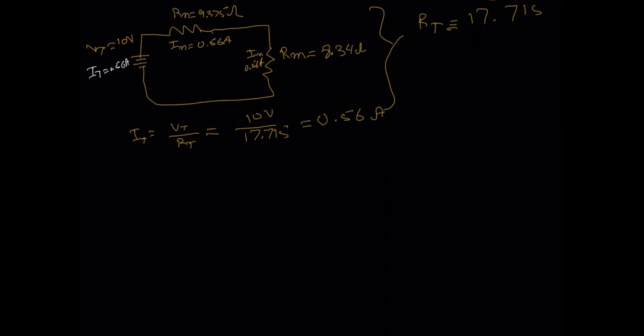We still have to find I1, I2, I3, I4 after we find the voltage drop in this series circuit, because we got the current and the total resistance, but we don't have a voltage now. Let's find the voltage at this point and at this point. In a series circuit, the voltage drop in here and the voltage drop in here should add up to the 10 volts.